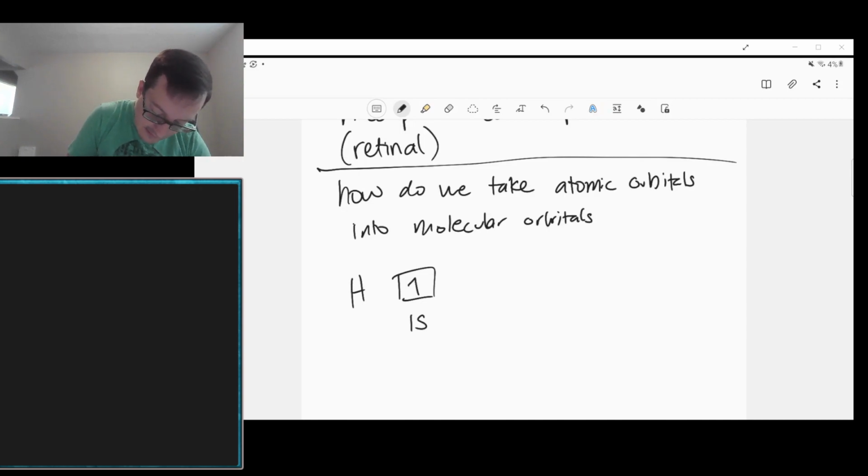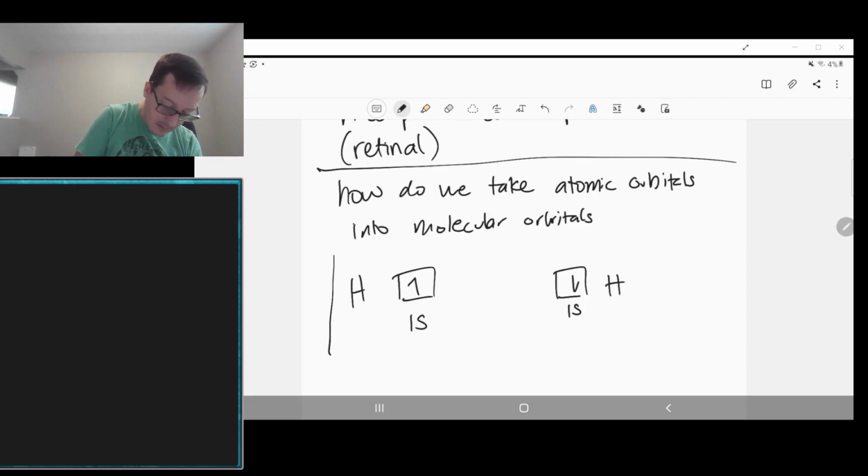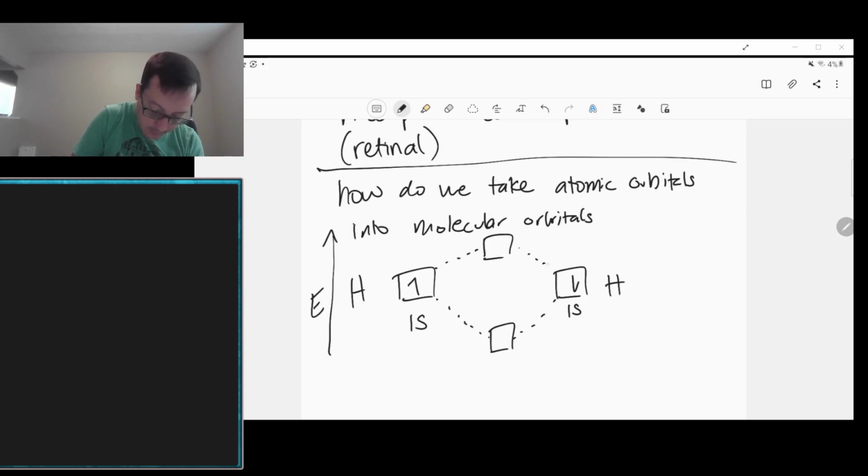And so we're going to see that when we take two hydrogen atoms, when these two orbitals come together, we're going to see that, again this is our energy axis here, there's two ways they can come together. One way is of lower energy, and one way is of higher energy.